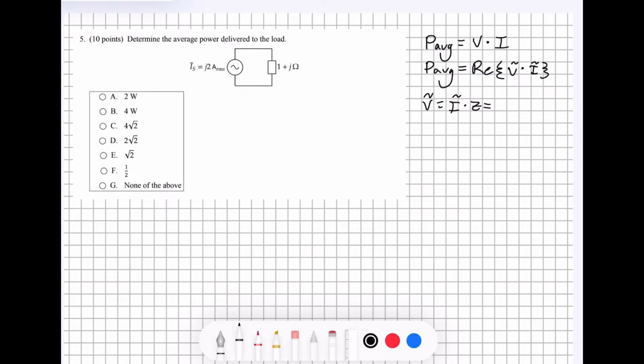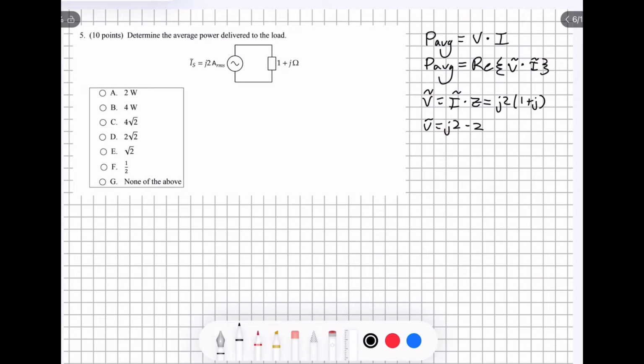And we're going to find that this is equal to J2 multiplied by 1 plus J. That's going to give us a V value of J2 minus, not minus 4, minus 2. And this is going to become negative because these two J values are going to multiply with each other and be equal to -1 because J times J is -1.